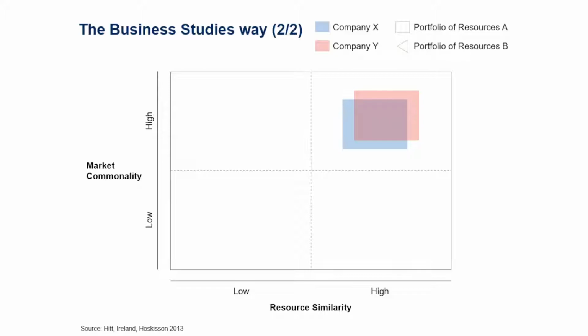Here, in this field, we would have high resource similarity and high market commonality. So going back to the example that we looked at earlier, Lotus versus Big C, both of them are hypermarket players. Both of these players have very similar resources. The building looks very similar. Both have shopping malls attached to their hypermarket.